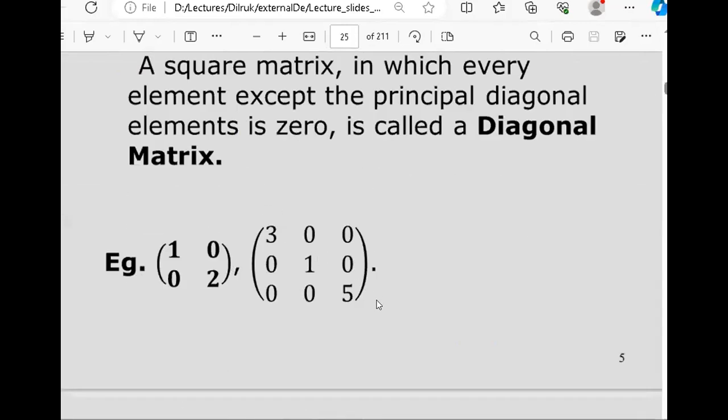Diagonal: this is the main diagonal, and except for the main diagonal elements, you have zeros. The off-diagonal elements are equal to 0. These are called off-diagonal elements, and these are called diagonal elements.